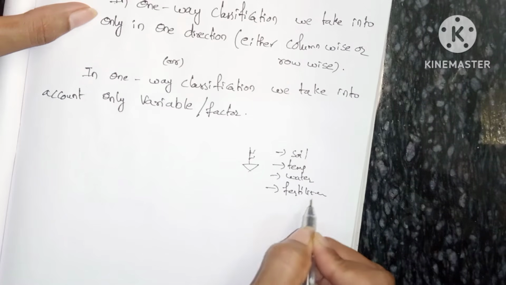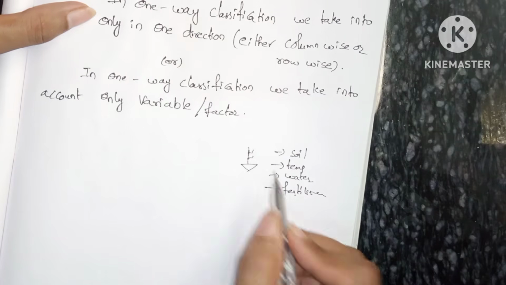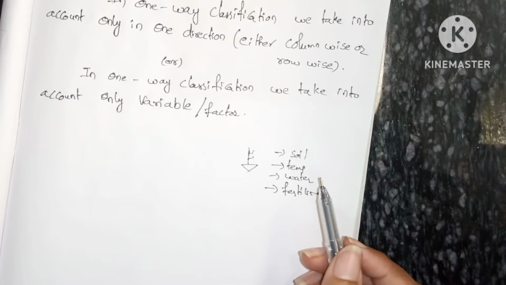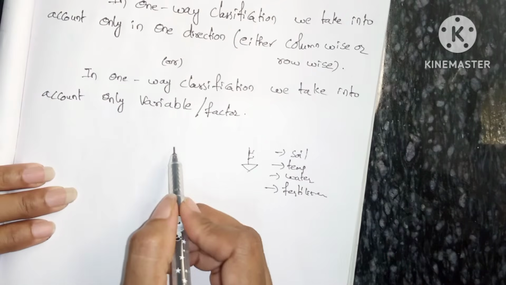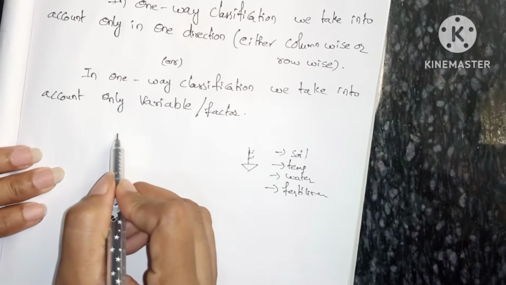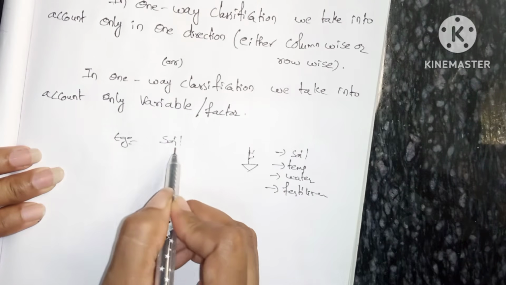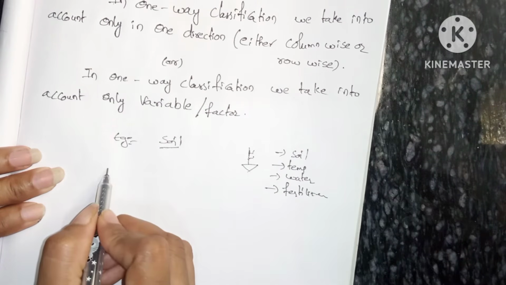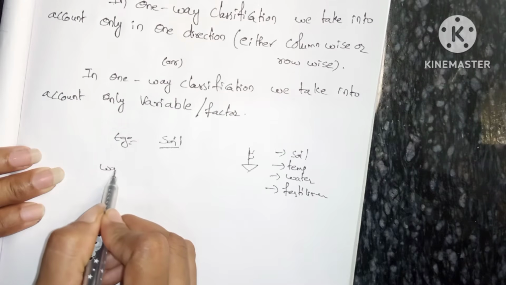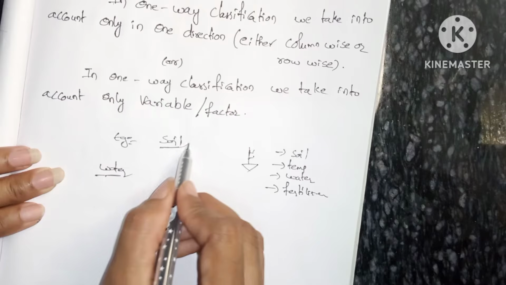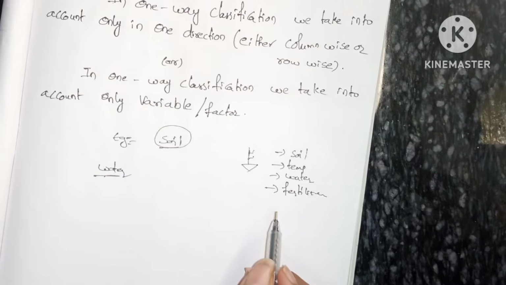Like this, many factors the plant growth will depend on. But I don't consider all those. Here, in one example, they have given soil fertility and this side they have given water facility. But I don't consider what the soil is. I just consider how the water facility is.